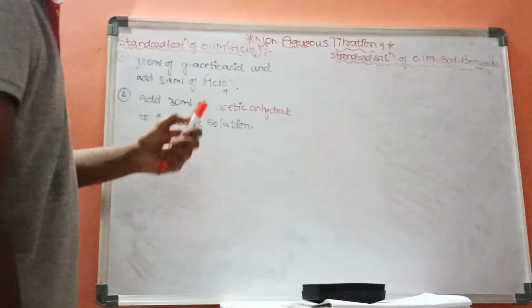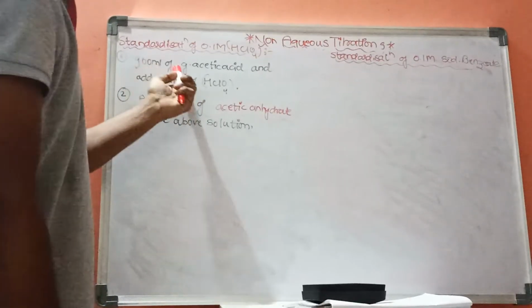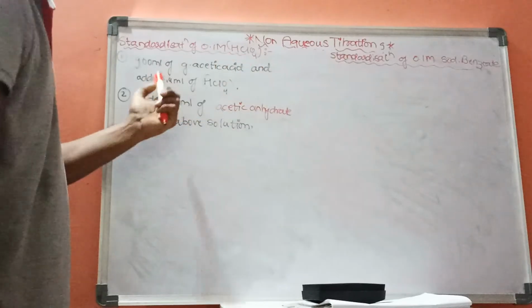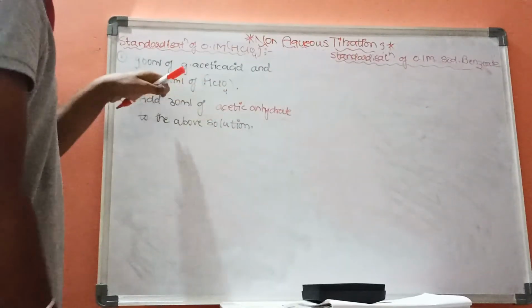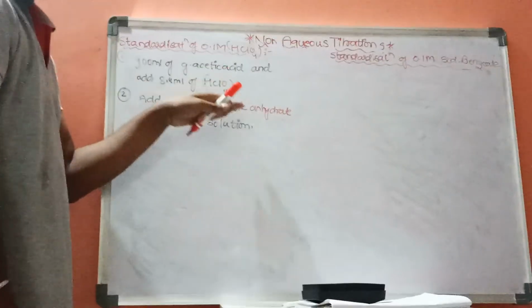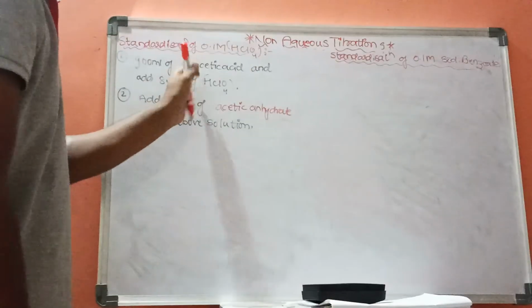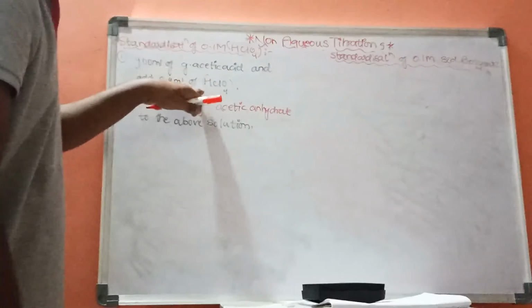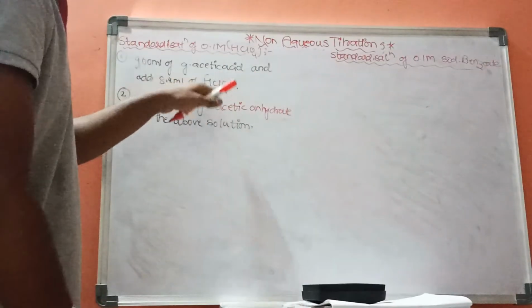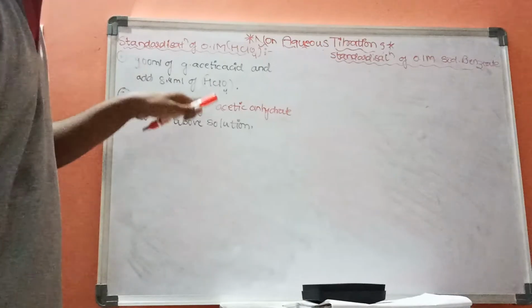You may have a question: why 900 ml glacial acetic acid with a small amount of 8.4 ml of perchloric acid? This perchloric acid is concentrated, it has high concentration and it is more dangerous. So as it is more dangerous, we should dilute it.